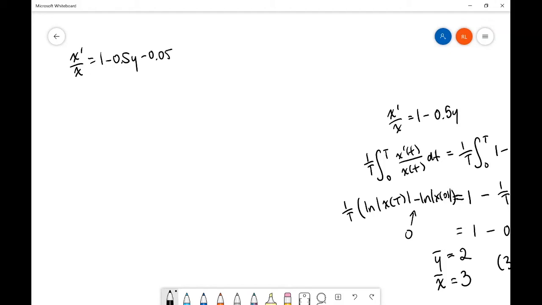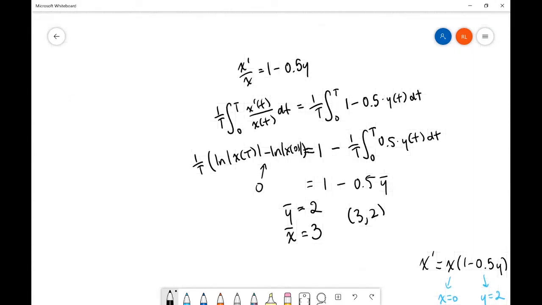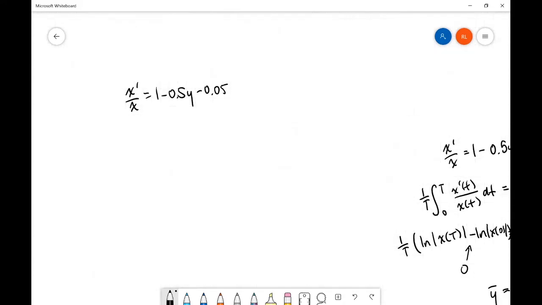And well, doing these same steps again, we can just sort of see how it plays out. But we can see that we get 0 is equal to 1 minus 0.5 y average minus 0.05, right?